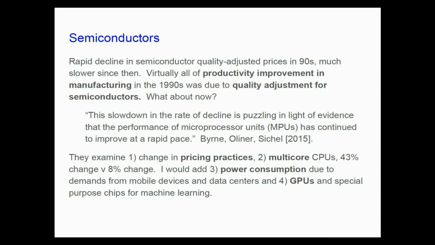And this nice paper by Byrne, Oliner, and Sichel looks at the change in pricing practices by Intel, and they look at multi-core CPUs. So we did hit a barrier with semiconductors in the last 6 or 7 years because of heat dissipation problems.